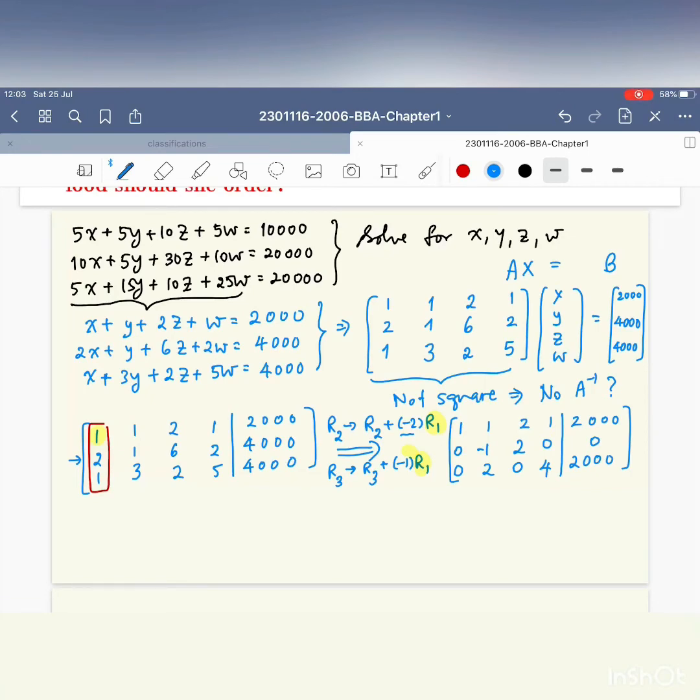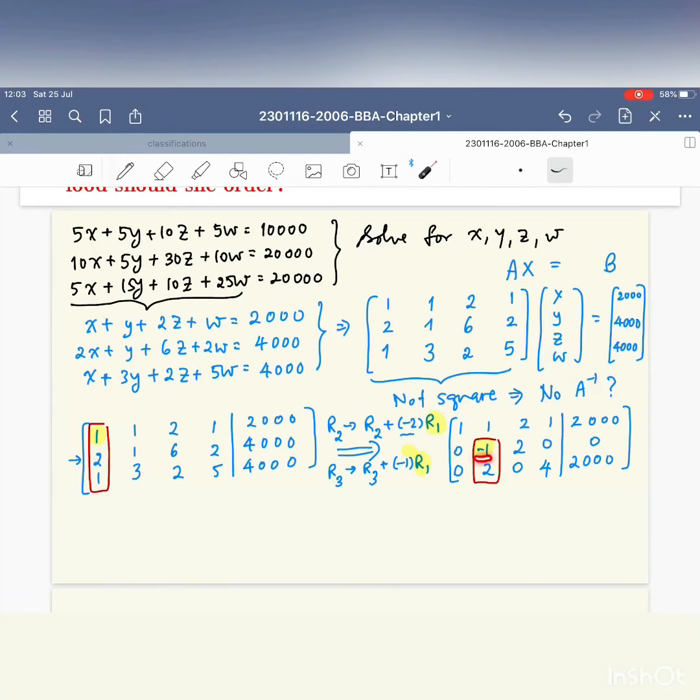Just like that. Next, we are going to concentrate on the second column, and look at the second position of your second column, and you only need to get rid of the one down there. You don't really need to look at the one up there.